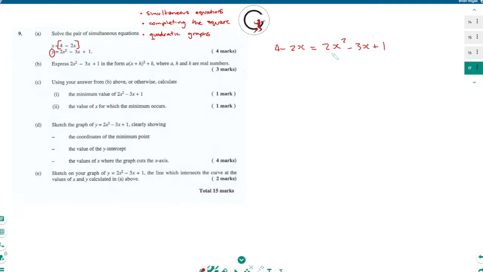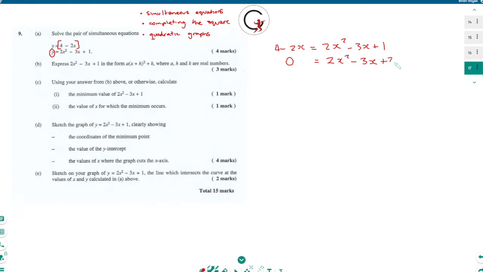What we're going to do next is make this left-hand side equal to 0 by moving these terms to the other side of the equation to group them with their counterparts. The way we get rid of a plus 4 is to subtract 4 from this side. So that's going to end up being 2x squared, I'm going to rewrite minus 3x, and we're also going to add 2x to both sides.